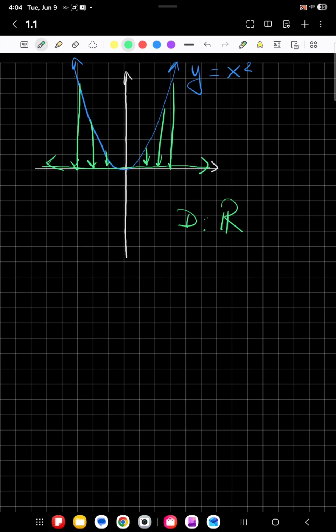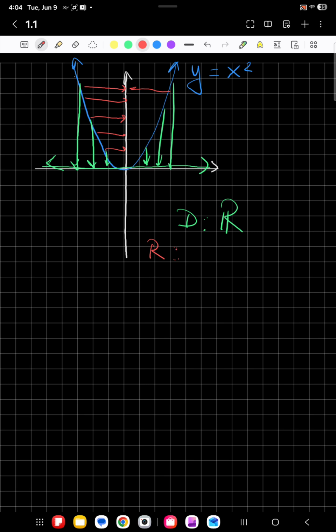But now for range, we do the same thing, but we project the points onto the y-axis. All the points, the whole graph. Basically, we squeeze it against that y-axis. So after we've done it, we see that the range will be starting at 0. So that 0 will be covered, and then the positive part of the y-axis will also be covered.